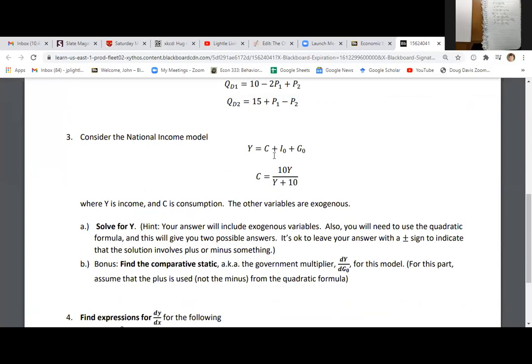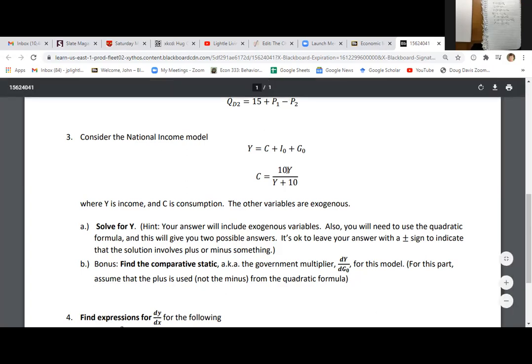Once you plug this in here for c, what you're going to have to do is essentially multiply everything by y plus 10. Once you do that, you'll have a y plus 10 times a y over here. That'll be y squared. You will actually have a quadratic formula for y.